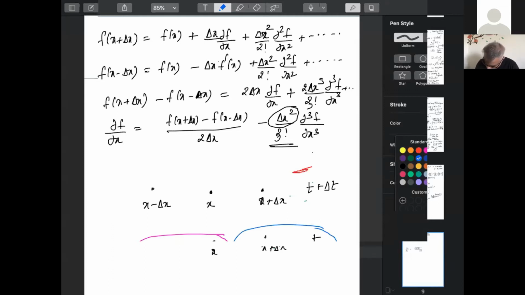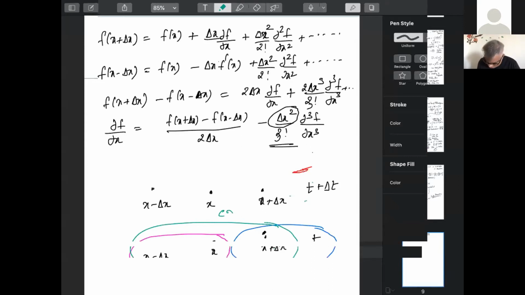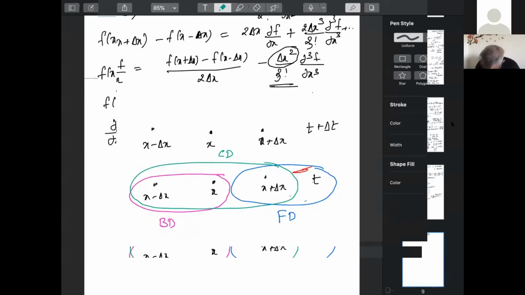And if you take say these 3 points, that becomes central difference. So this is basically called the stencil that you look at in the grid, in space.